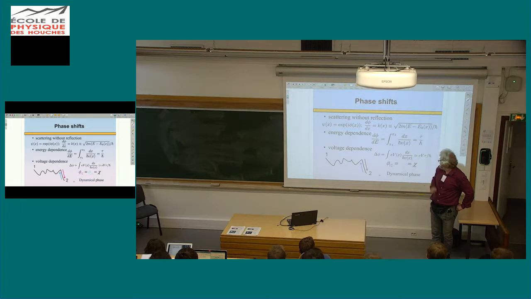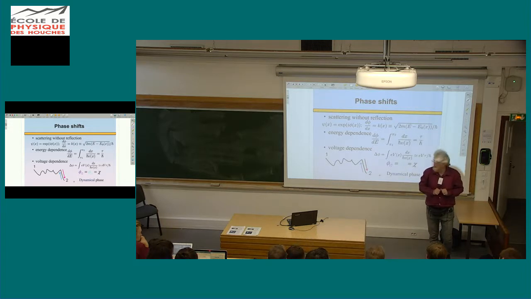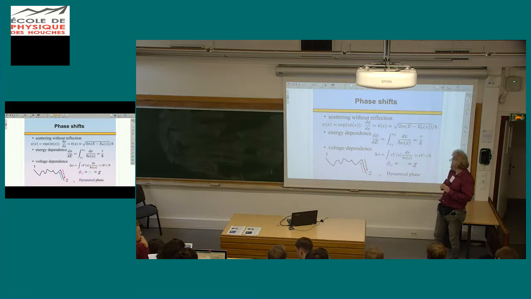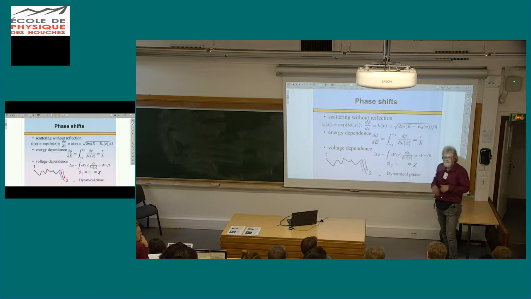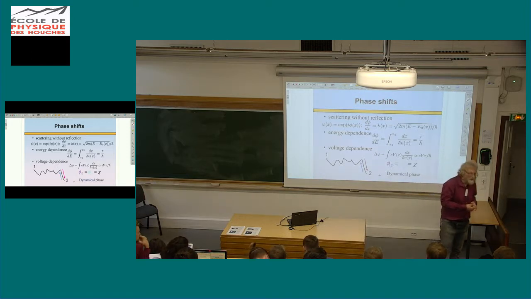Right. Voltage dependence. Let us apply some gate voltage, so we don't really try to take this electron from the nanostructure. We just affect it with an electric field. All right. So this change can be estimated as the voltage we apply times the time of flight between these two points. All right.